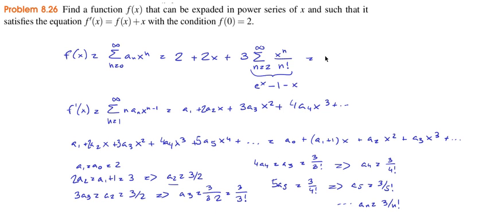So f is 2 plus 2x plus 3 times (e to the x minus x minus 1). If you operate with this, you have 3e to the x minus 3x plus 2 plus 2x, which is minus x, and minus 3 plus 2 is minus 1. Okay, so this is the function that we are looking for.